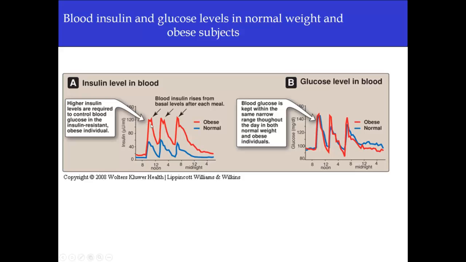There is a much sharper rise in insulin in the obese individual compared to the normal individual. But if you compare the glucose levels, they are similar. In other words, you need a higher level of insulin to maintain glucose within normal range in obese individuals compared to non-obese individuals.